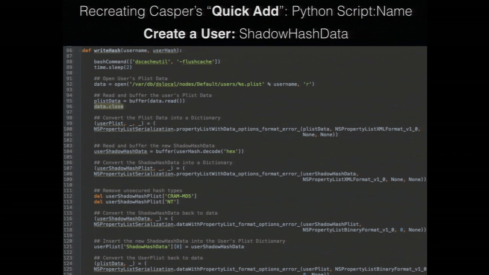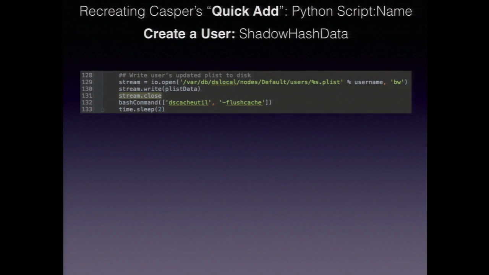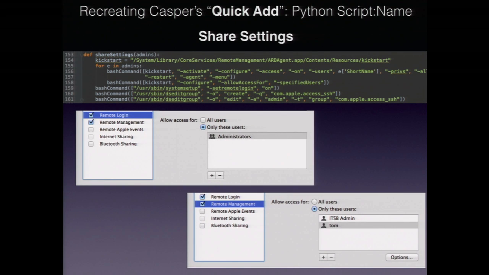Then we convert the shadow hash data back into Apple plist data, put that in the proper place for our new user's plist dictionary, and then convert the whole user's plist back into the Apple binary format and shoot it down to the file system. And that's it for shadow hash data.